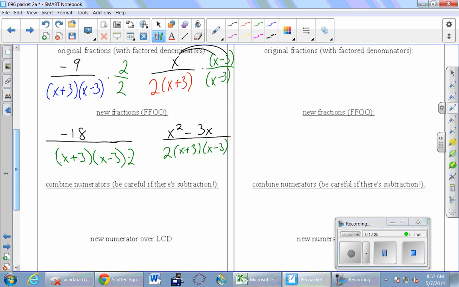Any questions so far? Originally, was it a plus or minus in between the 2 fractions? Plus. So copy the plus. What do you notice about the denominators? They're the same. That's why we built them.